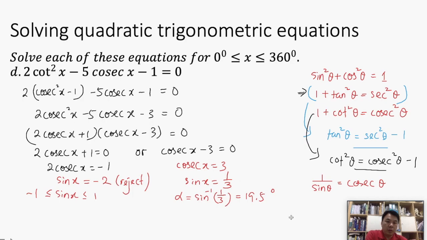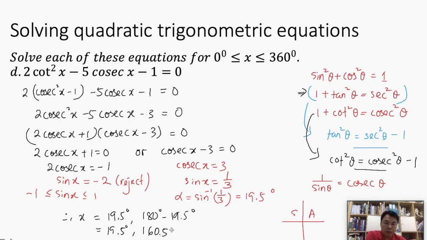And then we know that sine is positive in the second quadrant and the first quadrant there. Therefore, our solutions will be 19.5 degree, and the other one is located in the second quadrant, which is 180 degree minus 19.5 degree. That would give me 160.5. Okay, so I hope that is clear to everyone.